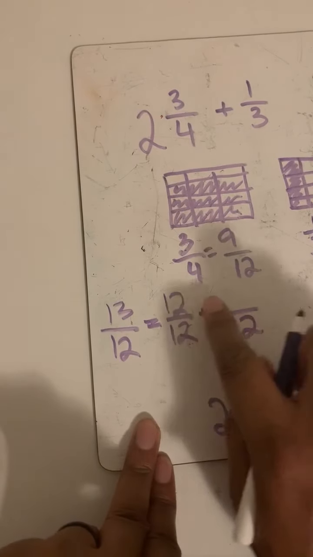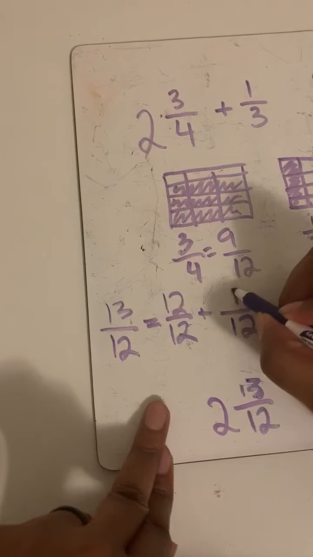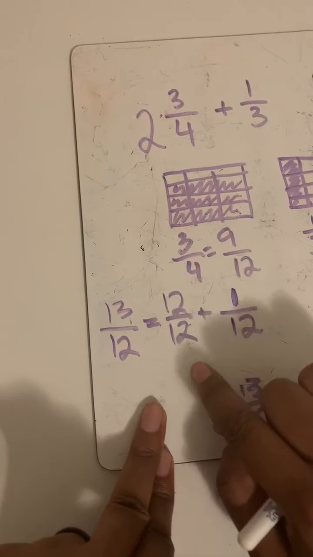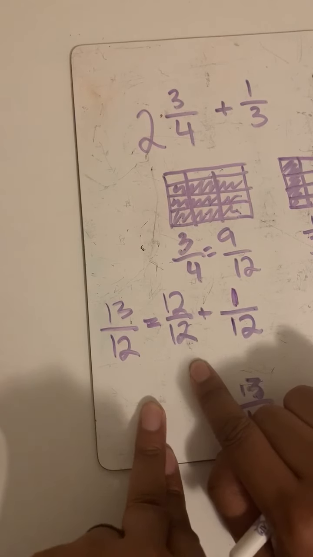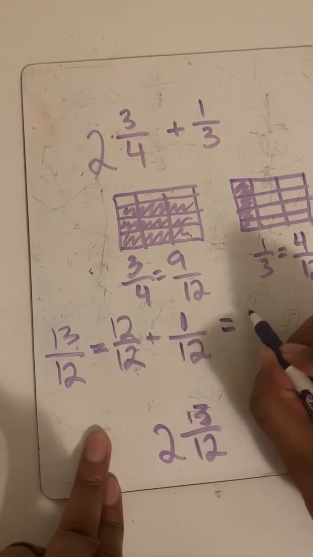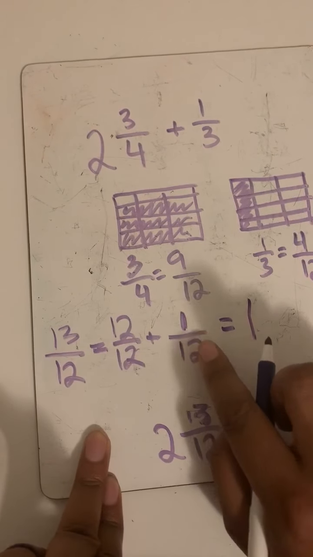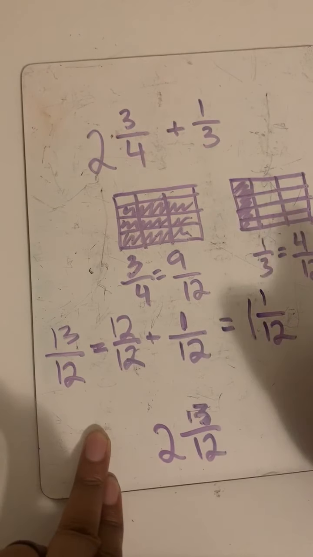What do I add to 12 to get to 13? Well, 1. Now, when you have 12 over 12, I think everyone is pretty familiar that that's the same thing as 1 whole. So that's 1 whole plus 1/12, which is 1 and 1/12.